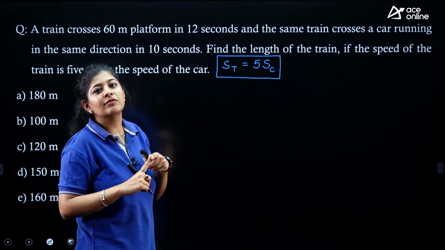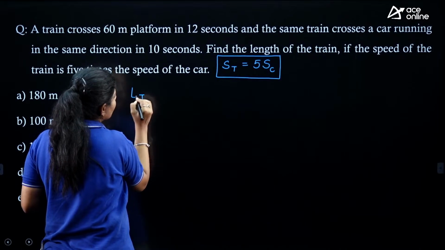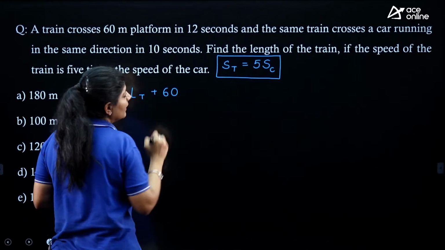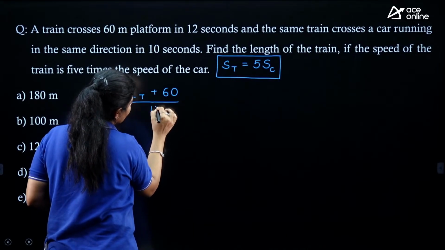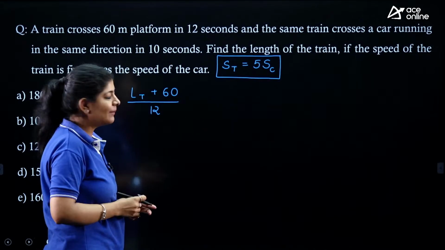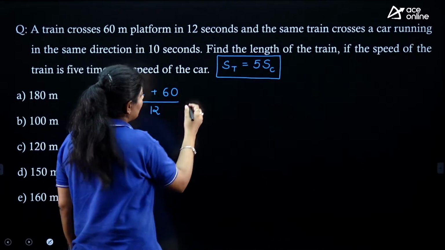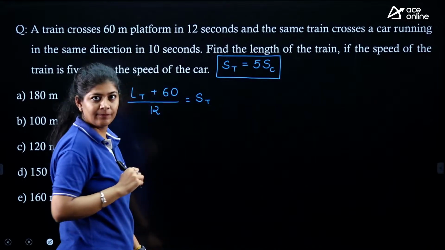The length of the train is not mentioned, so we assume the length of the train is L plus 60 meters, the length of the platform, divided by 12. This is distance upon time, which gives me the speed of the train, ST.